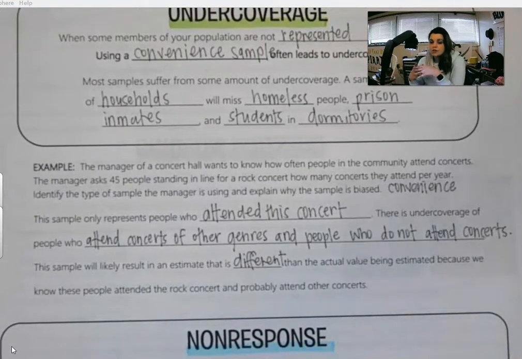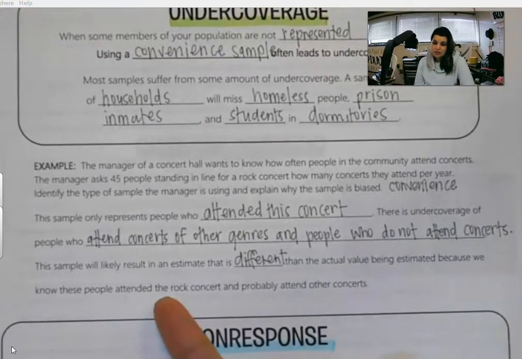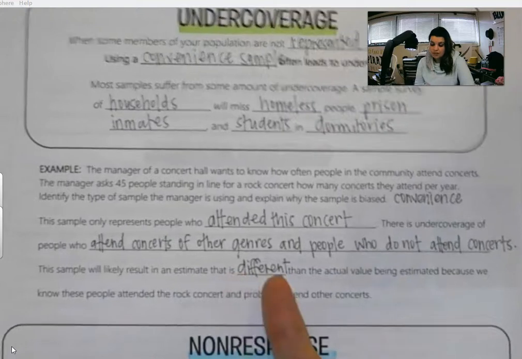So I'm not sure if this would lead to an overestimate of the number of concerts in the community that people attend, or if it would underestimate, but I know for sure that it's probably different. And I think it'll result in an overestimate because they attended a concert and probably attend other ones, but I'm not sure. So that's why I said different.